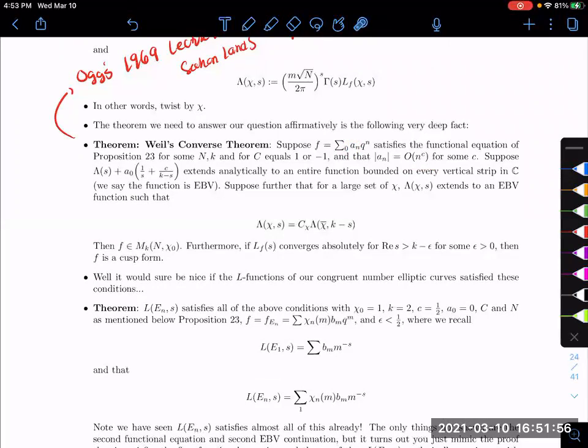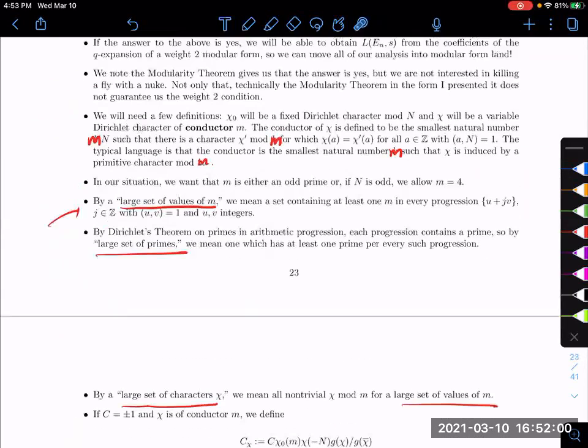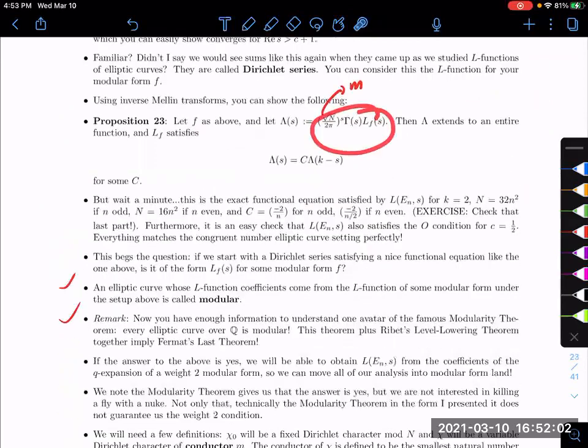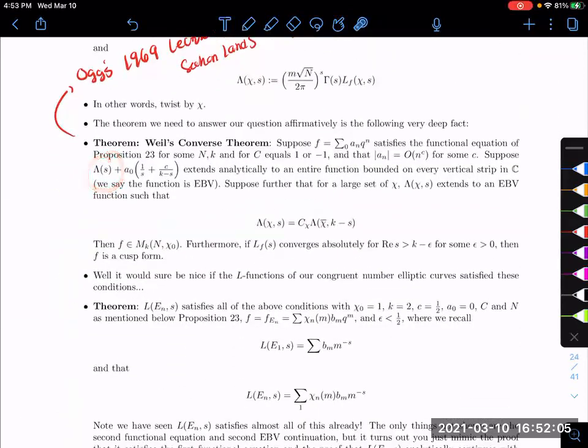Okay. We're also going to suppose that when you take lambda of s, this guy from up here, and you add a naught times this weird expression 1 over s plus c over k minus s, that's a technical thing that has to show up in the proof of this theorem.